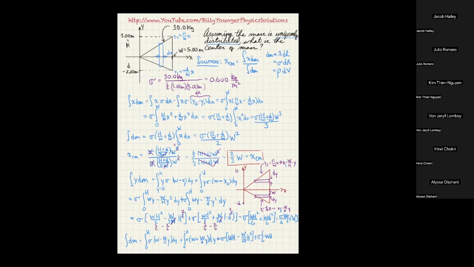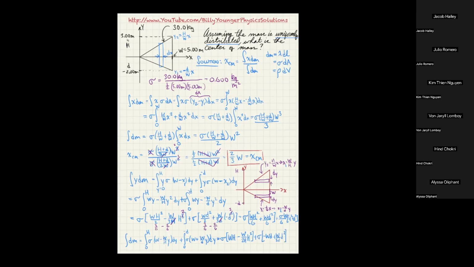So that's negative wd. Now when I integrate w over d dy, that's going to give me positive w over 2d y squared, which would be just plain d squared, because the negative cancels out when we actually square it.